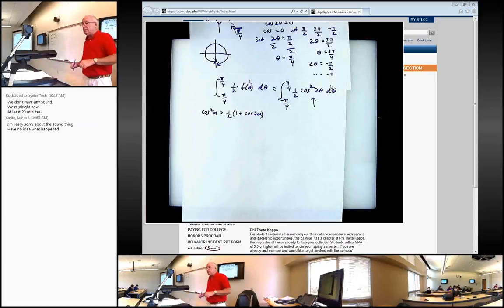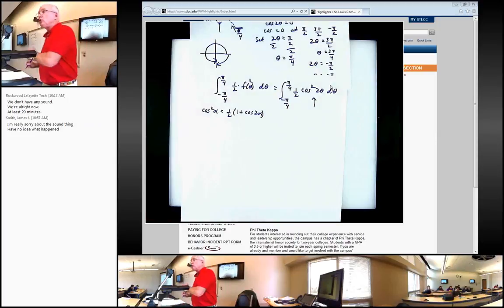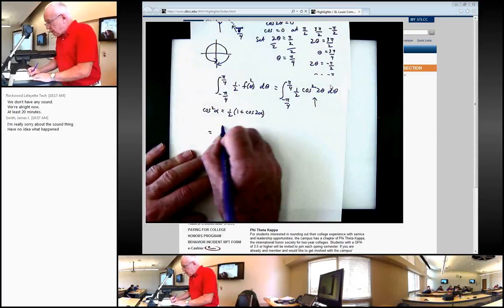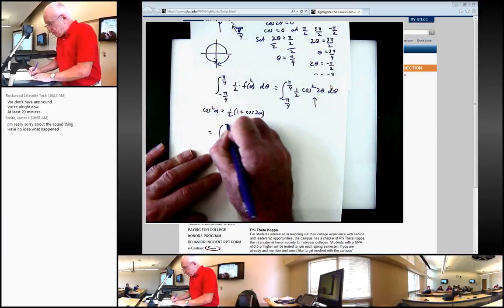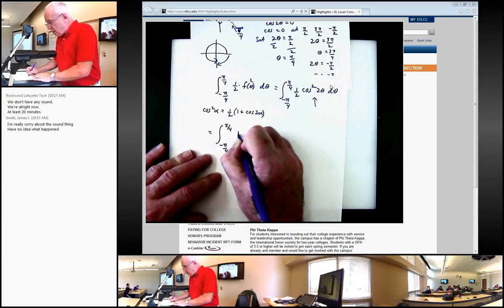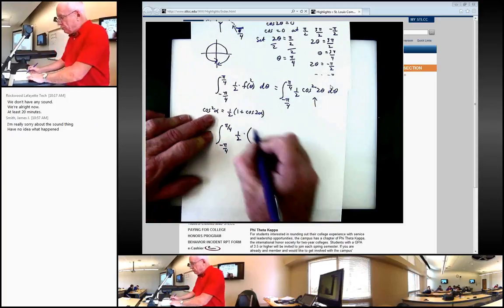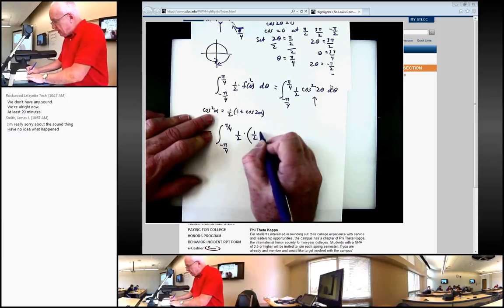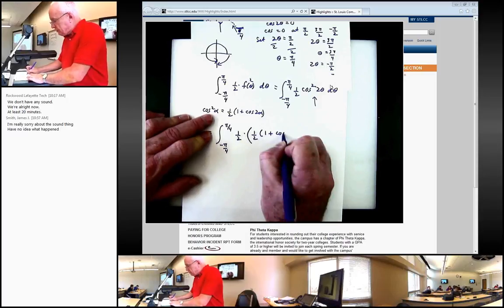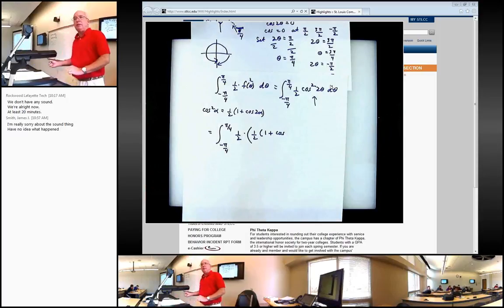And in this case, our alpha is equal to 2 theta. So our integral is from minus pi over 4 to pi over 4 of 1/2 times 1 plus the cosine of how many alpha?